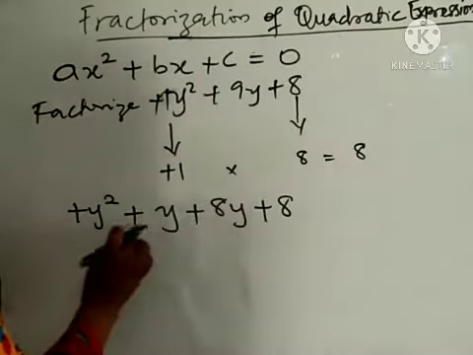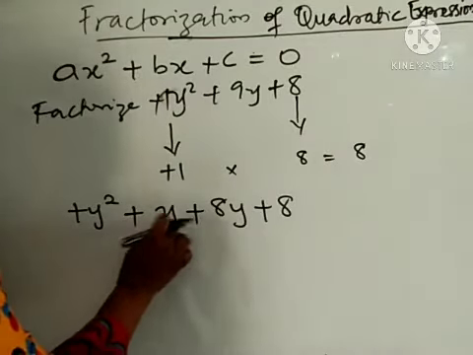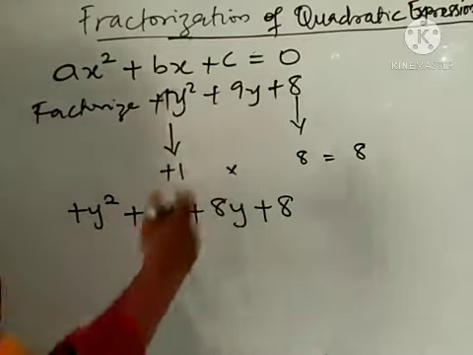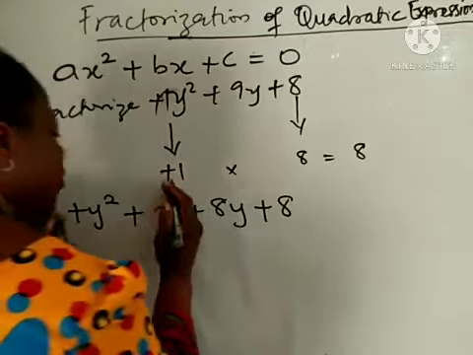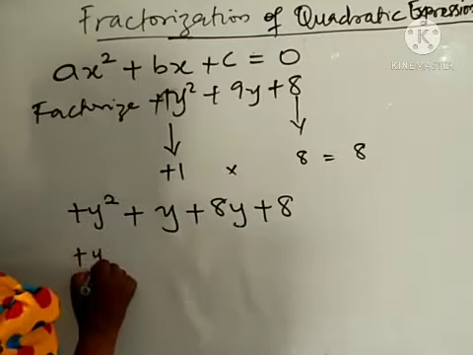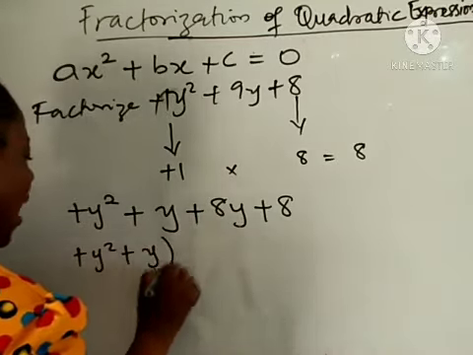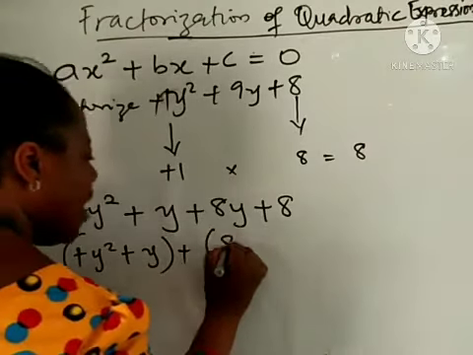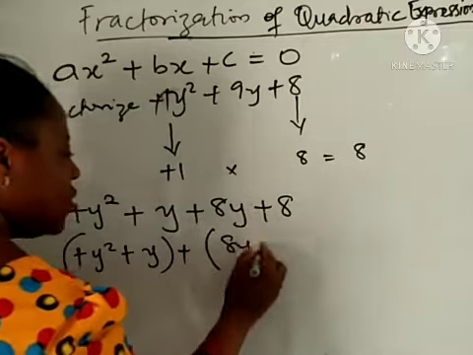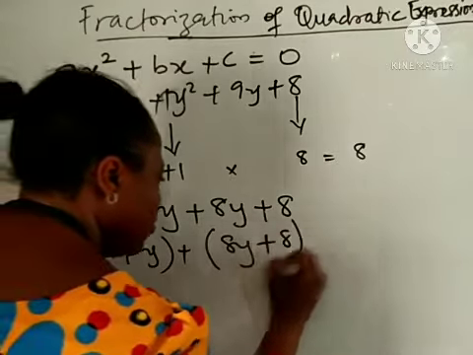Now I have replaced; if you add this together, plus 1y plus 8y is the same thing as plus 9y. Then I can now put them in brackets. Let's pick the first two and put them in a bracket. We have plus y squared plus y. Put your sign here, plus. You have 8y. Plus times plus will give you plus. So we still put 8.